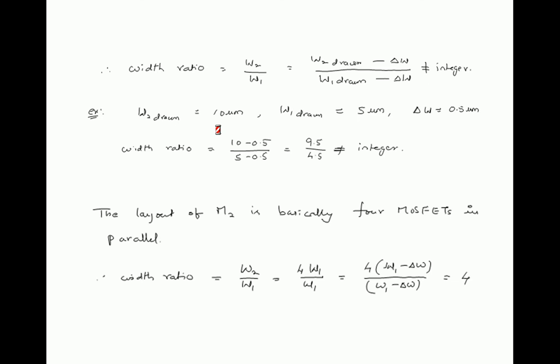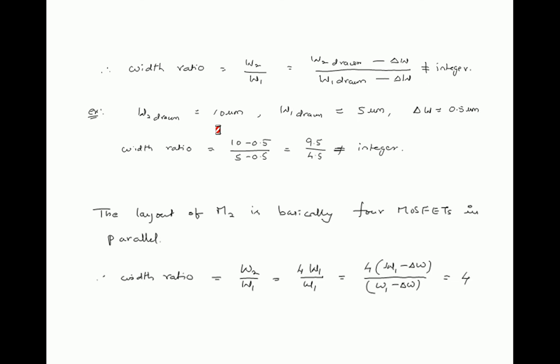For example, with no width correction, W2 is 10 micrometers, W1 is 5 micrometers, and delta W is 0.5 micrometers. The width ratio is W2 effective by W1 effective, 10 minus 0.5 micrometers divided by 5 minus 0.5 micrometers. So it is 9.5 divided by 4.5, which is not an integer.